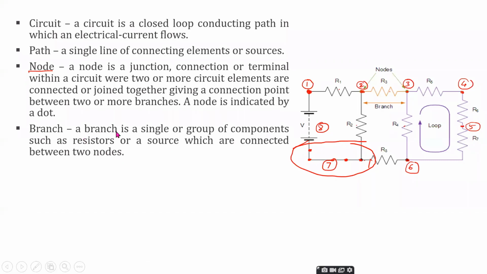I repeat, a branch is a single or group of components such as resistors or sources which are connected between the two nodes. Okay. So based on this definition, can you tell me how many branches are connected in a circuit?